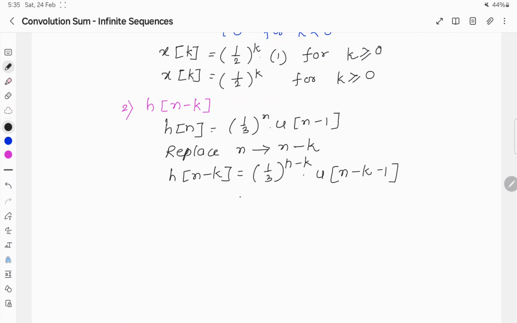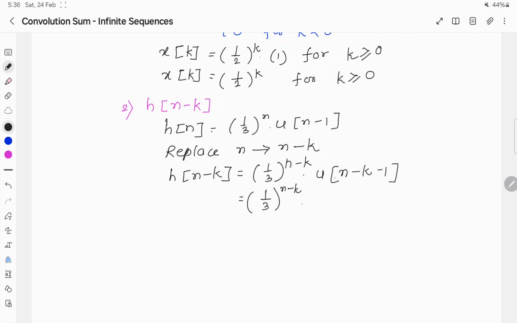Now if we simplify this equation, (1/3) raised to n minus k will be as it is. Now we need to find the representation of u of n minus k minus 1. Here u of n minus k minus 1 is nothing but the shifted version of the unit step signal.